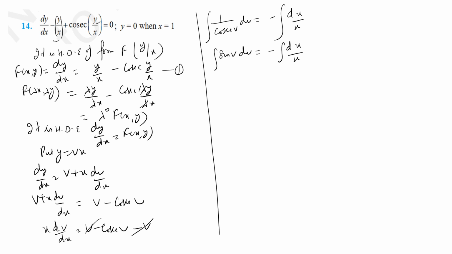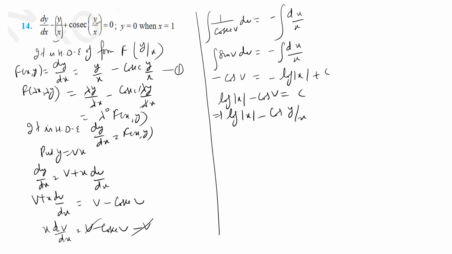So the integral is minus cos v is equal to minus log mod x plus c. So this is log mod x minus cos v is equal to c. This implies log mod x minus cos of y upon x is equal to c.